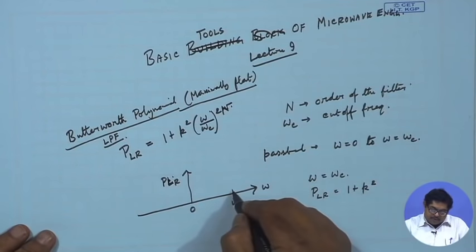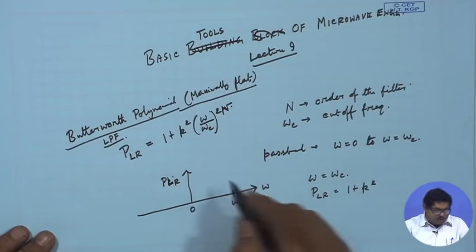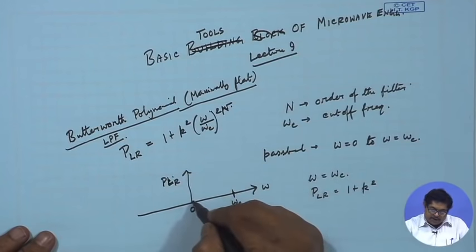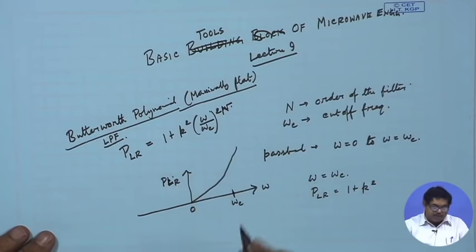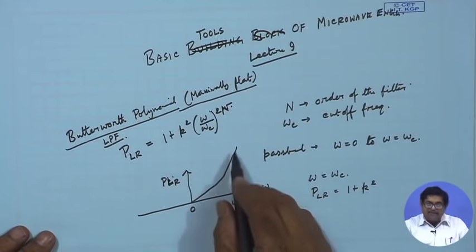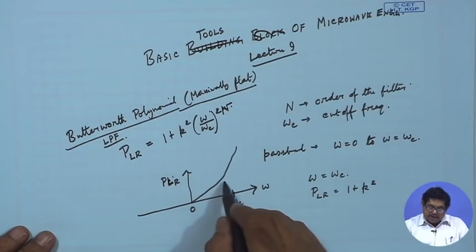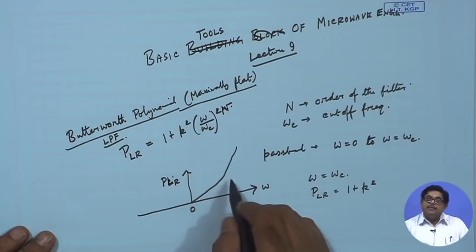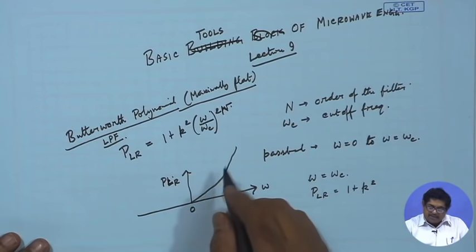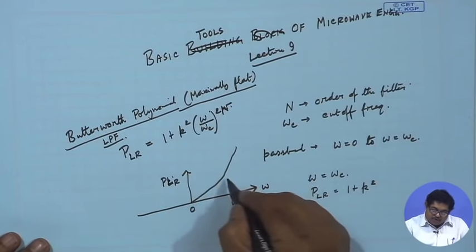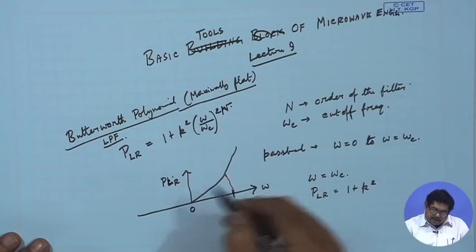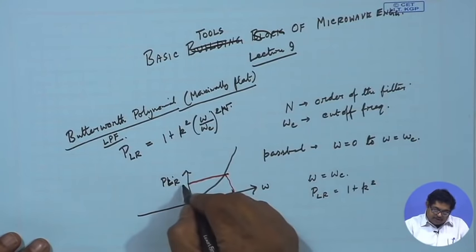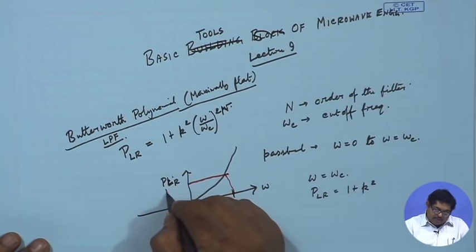Now, you know Butterworth response, since we have taken like this, is maximally flat, very flat, but in the pass band I will have some attenuation, and I should know what is the maximum attenuation I am having. So, this value is 1 plus k square.